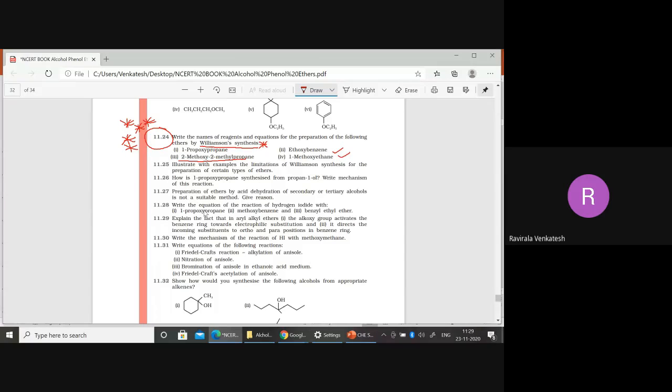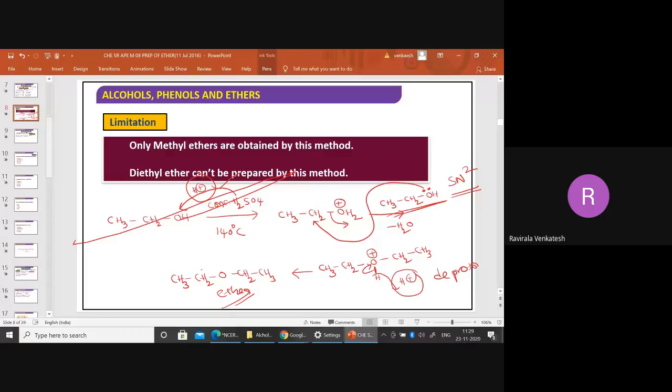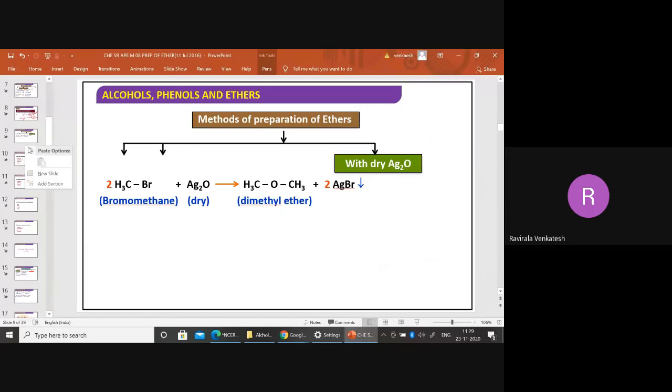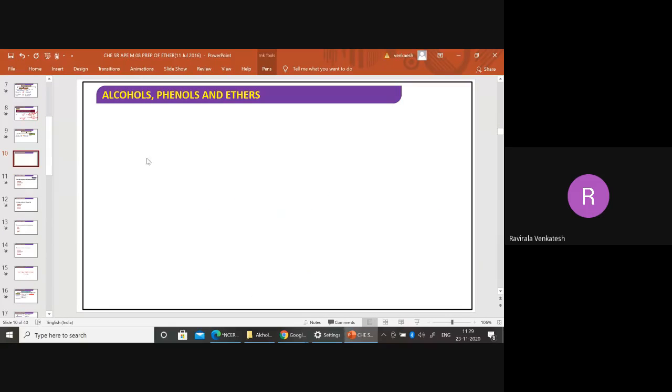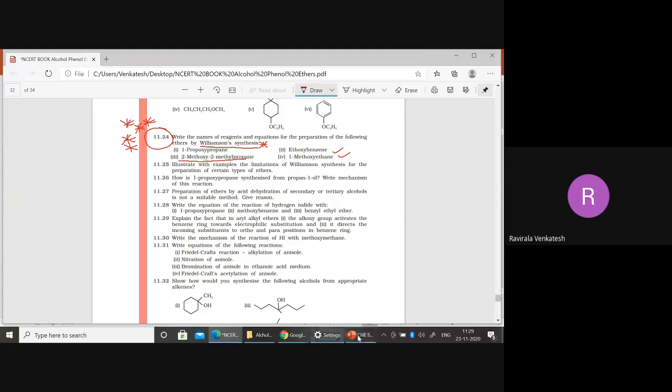First of all, all of you make the structure here: 2-methoxy-2-methylpropane.